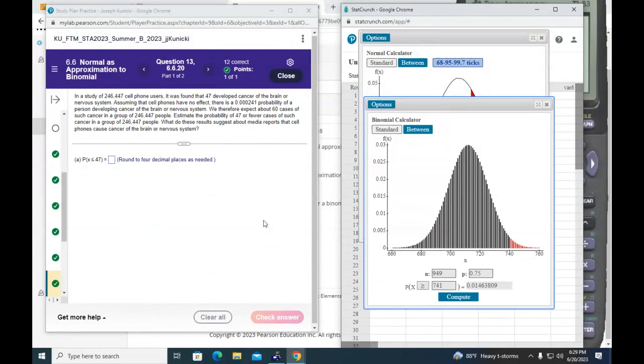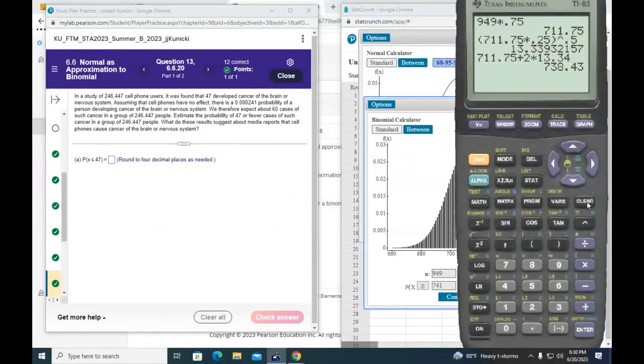The reason they say expected, if you take that number times that number, you should get close to 60. Let's see if that's true. 246,447 times 0.000241. Yeah, right around 60, 59.